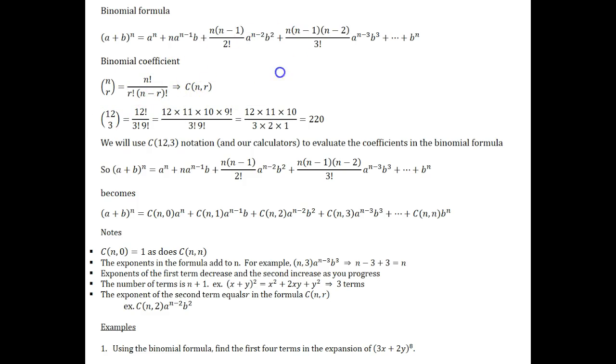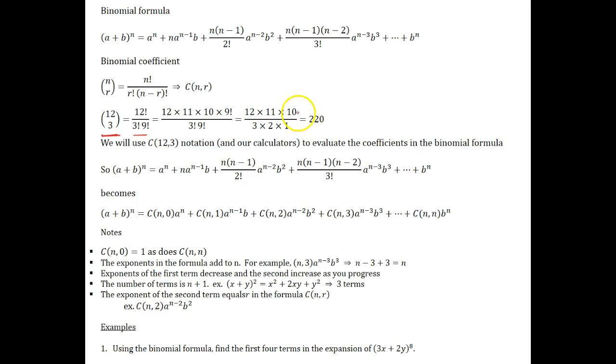Basically, the binomial coefficient allows us to compactly expand the formula. But first I'll look at how we evaluate it. For example, we have here 12 choose 3. By definition, this is 12 factorial over 3 factorial times 9 factorial. Your calculator will give you the answer, but if you wanted to work it out, you can expand 12 factorial to 12 times 11 times 10 times 9 factorial.